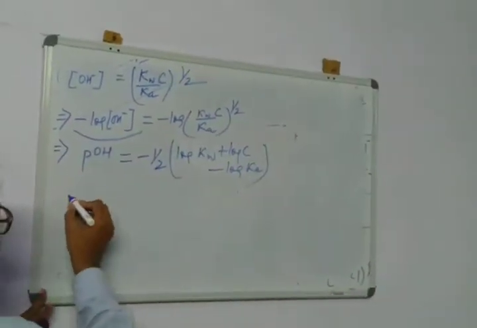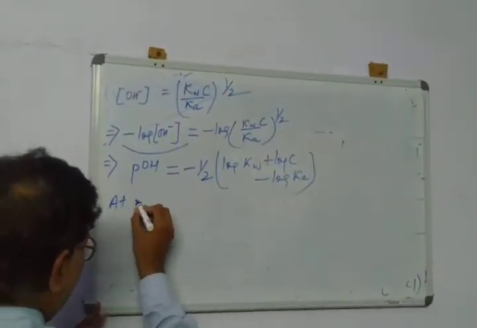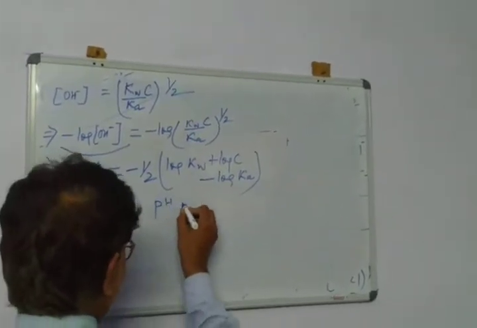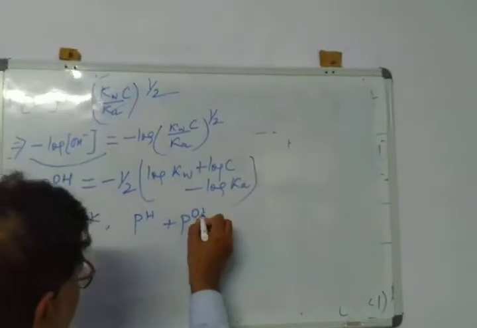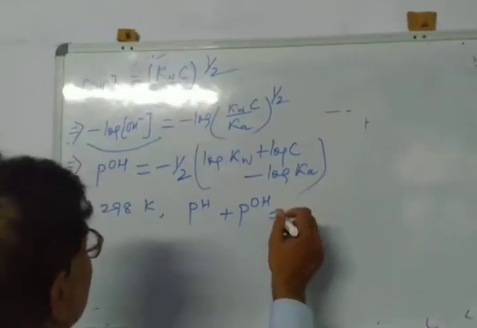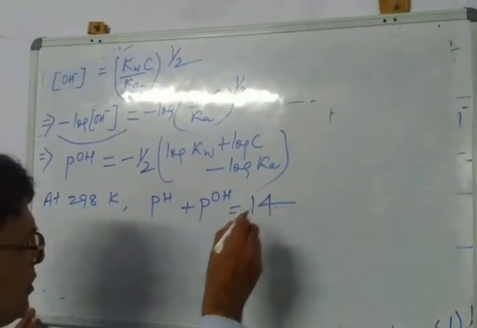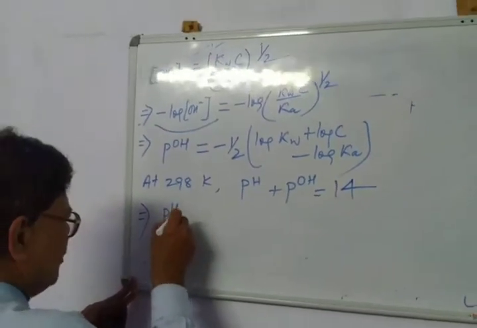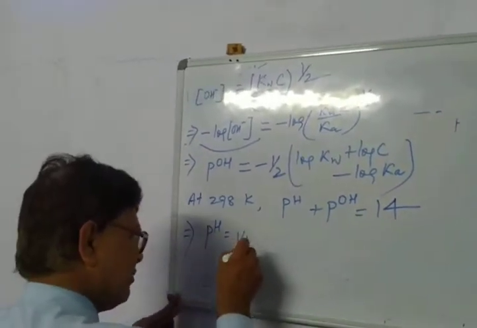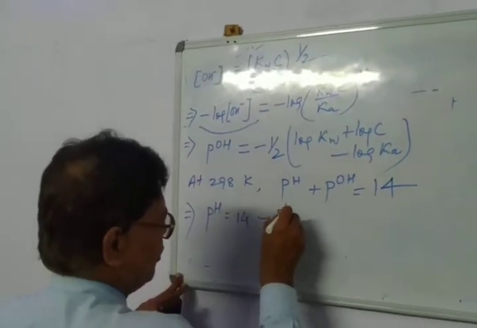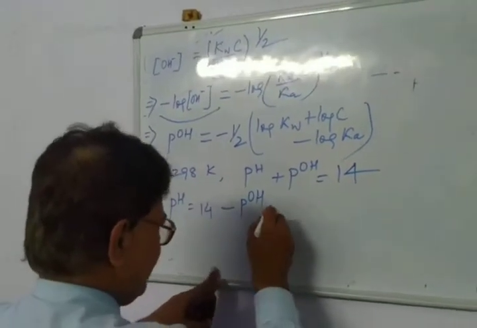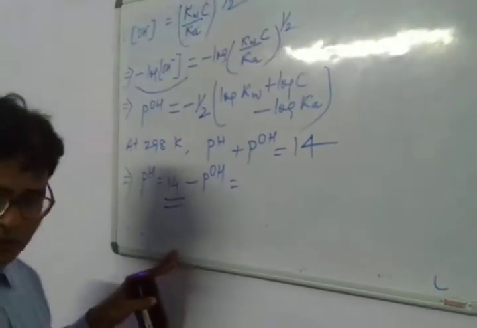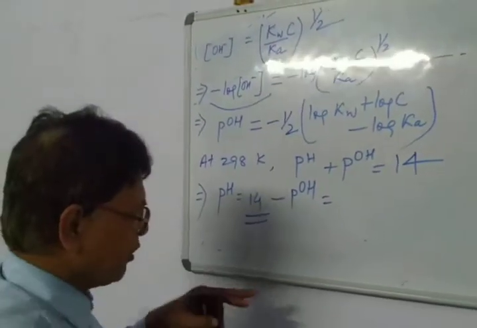Now at 298 Kelvin we know pH plus POH is equal to 14, or pH will be equal to 14 minus POH. For 14 we can write pKW. At 298 Kelvin, pKW is equal to 14.